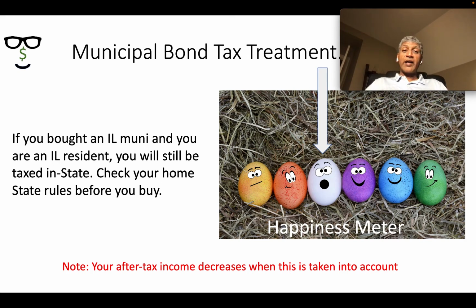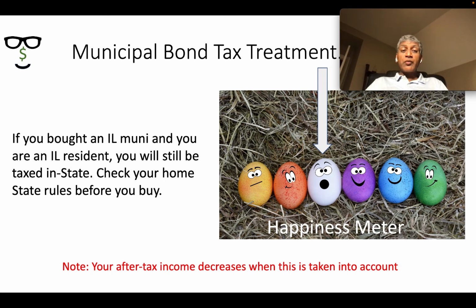And so you need to go back and adjust your yield to maturity. And the after tax yield is actually lower because you no longer have the benefit of the state tax free. You may want to go back and check your yield because your after-tax keep of the yield to maturity is not the same anymore. The state does take that bite.